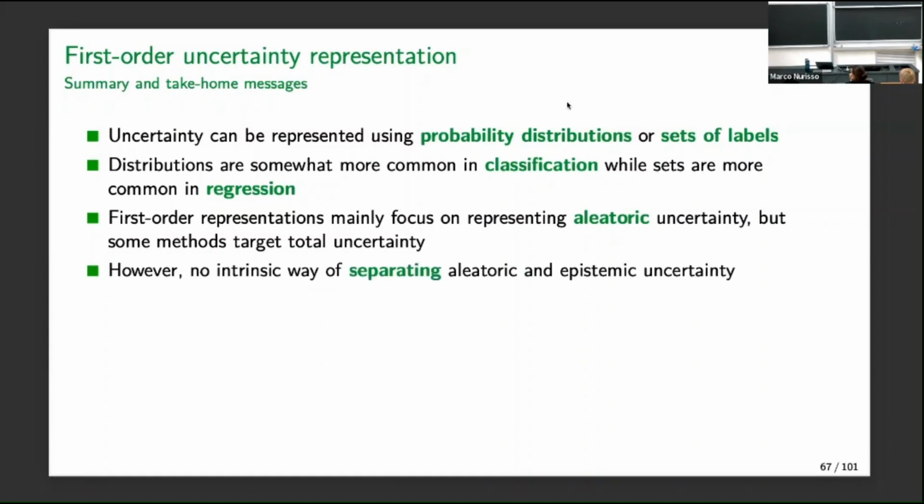And a last thing to say is that there's not really a way to separate the aleatoric and the epistemic uncertainty in many of those approaches. That's going to be different with what Ike is going to present, where we will have a more clear separation between the epistemic and the aleatoric uncertainty in the methods that he will be discussing.